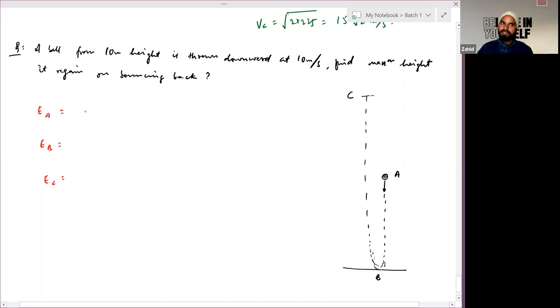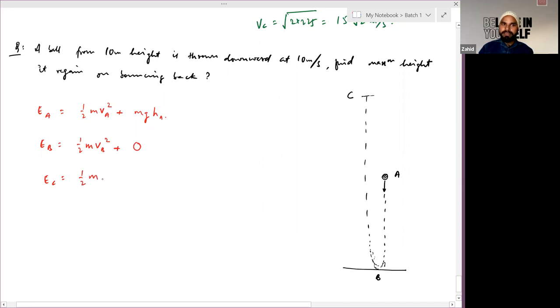We have total energy at point A as half m velocity at A squared plus potential energy mgh at point A. Similarly, for B, it will be half m velocity at B squared. And since there is no height of the ball, the potential energy will be 0.